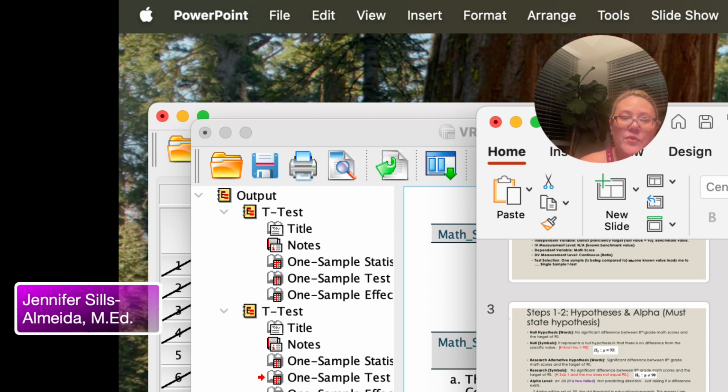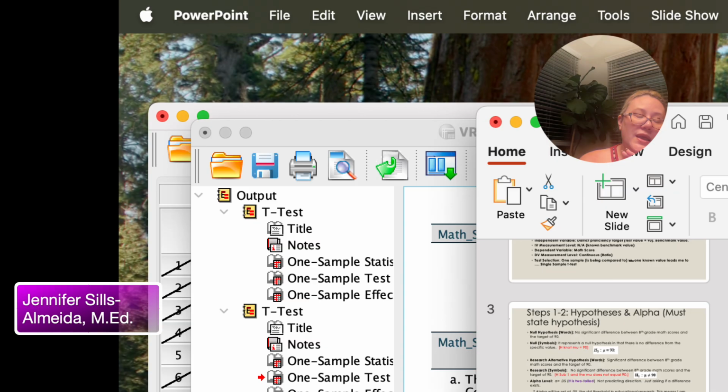Here, the test value was 90, so we know that the benchmark was set at 90. We know that we had a Cohen's d of 0.551, which is very, very close. So the small effect size was very small on that one. The t was negative 8.708 with a p-value of 0.001.